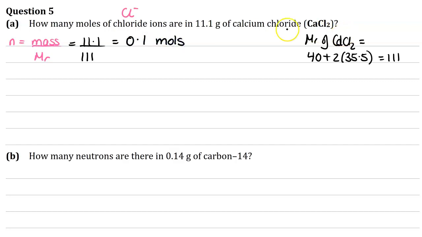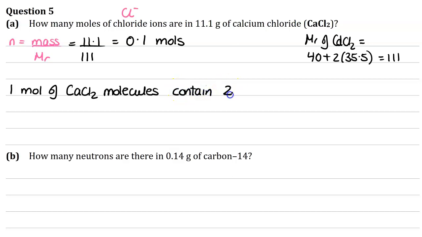Okay, now if we look at our formula, if I had one molecule of calcium chloride, it would contain 2 chloride ions. So to write that in terms of moles, if I had 1 mole of CaCl2 molecules, that would contain 2 moles of Cl minus ions, because every one of these requires 2 moles of chloride ions.